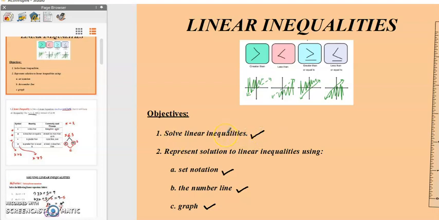Leading up to this 6th video, we have covered everything that I ticked off right here. So if you have not seen the previous 5 videos, please go back, as those videos are successive levels that you need to go through in order to fully understand the concept of linear inequalities, solving linear inequalities, representing linear inequalities using set notation, on the number line or on a graph.